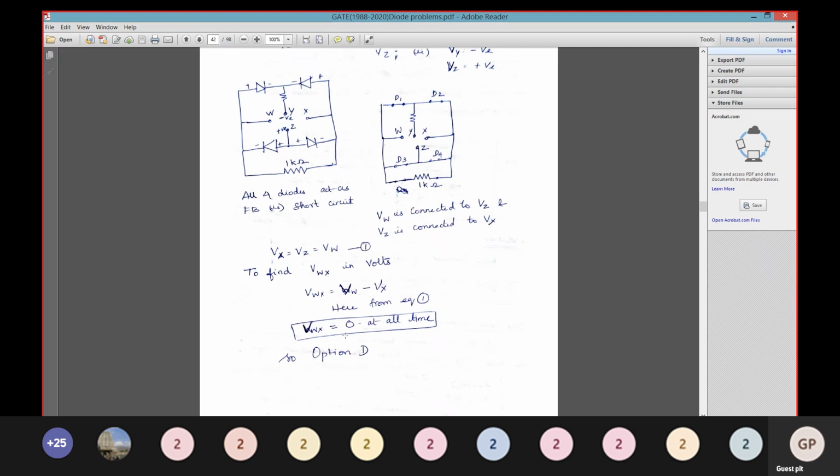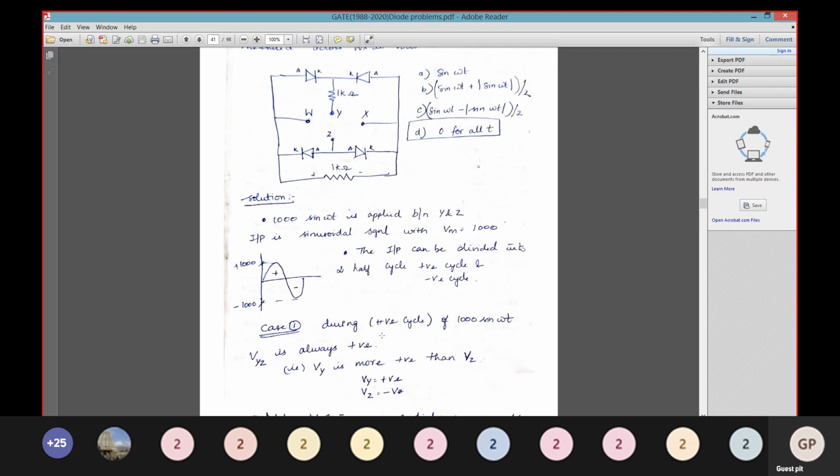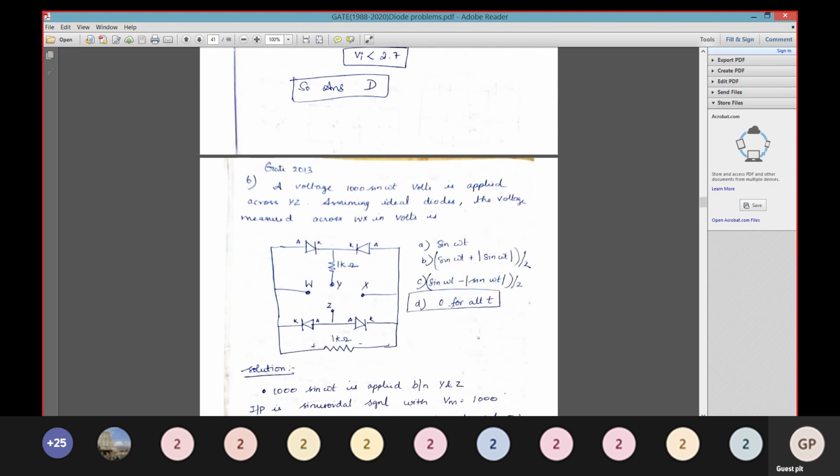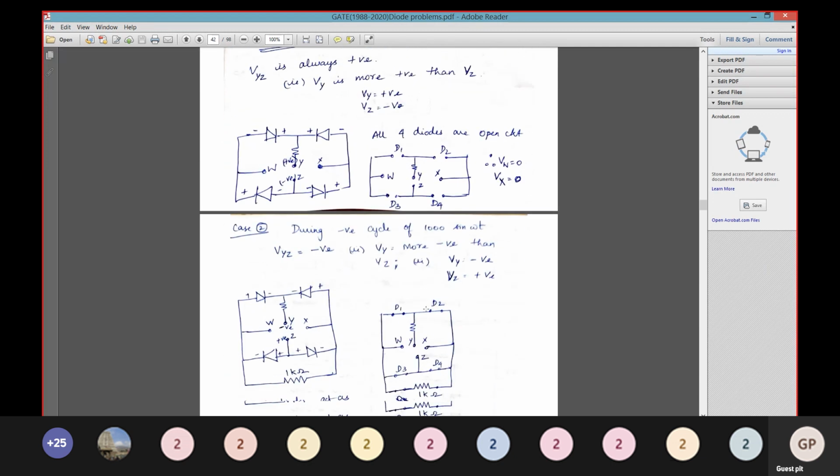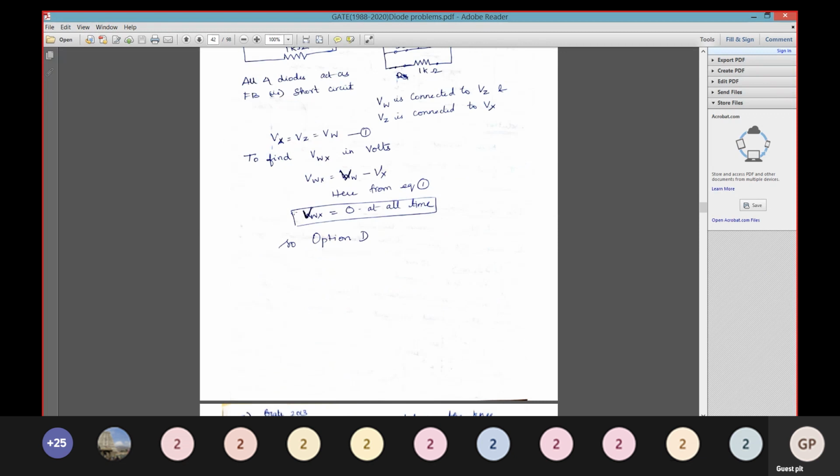Vw minus Vx is 0. So the option is D, 0. The 1000 sin omega t volt is applied across Y and Z, assuming ideal diodes. The voltage measured across W and X is always 0. So your correct answer is option D.